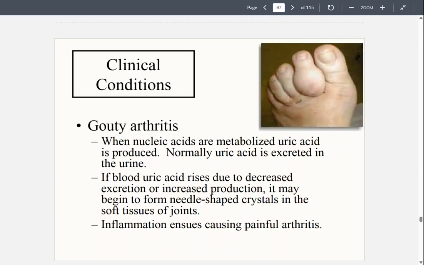One of the classic places is actually not this toe. The classic toe or joint to get gout presentation in is actually the big toe. It's a very classic example. And strangely enough, from a homeopathic standpoint, unsweetened tart cherry juice seems to do something to help dissolve these uric acid crystals.